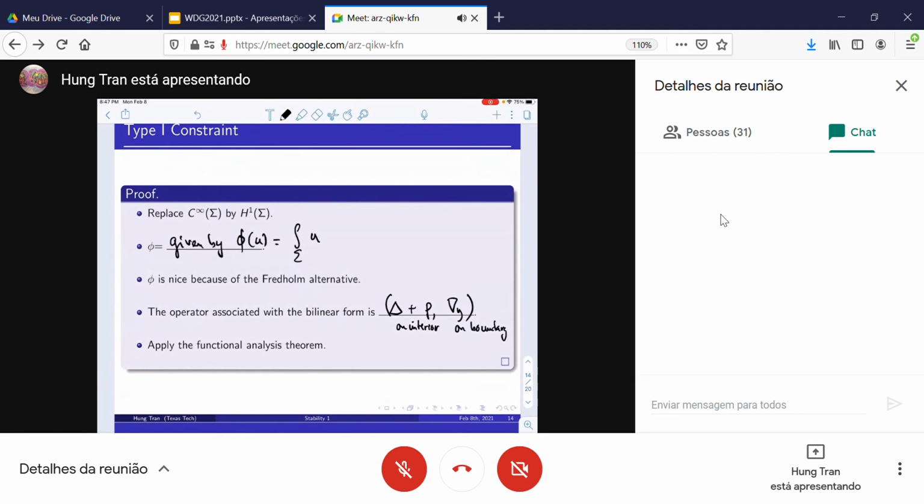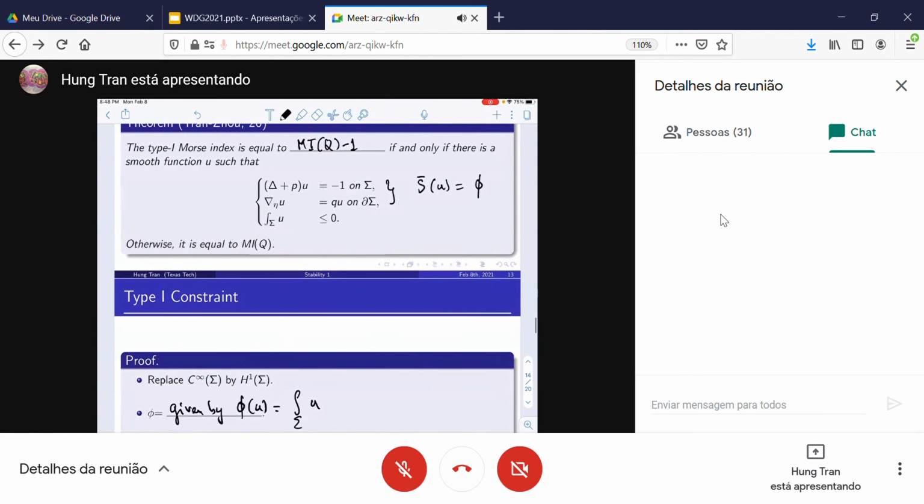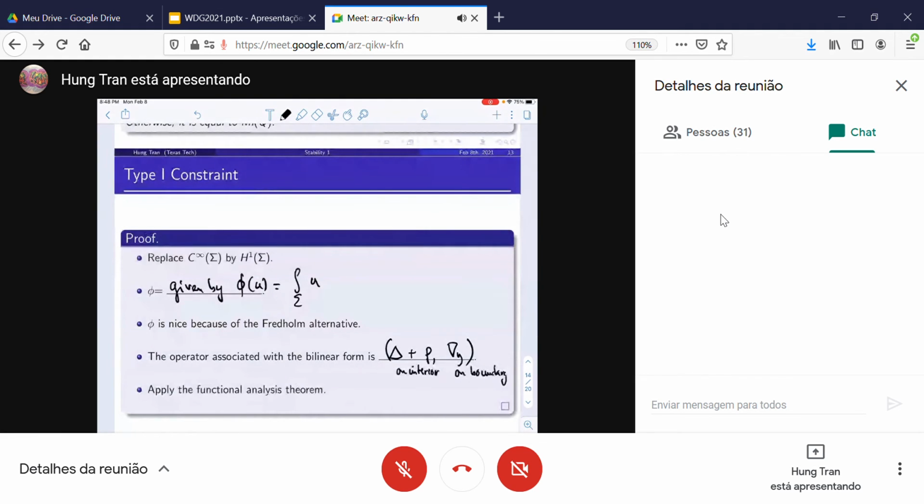So here you see that these two conditions correspond to the case where the operator applied to u equals this linear function of phi, when phi is given by this formula. Another way to write it is 1 in L2 of the interior and 0 in L2 of the boundary.